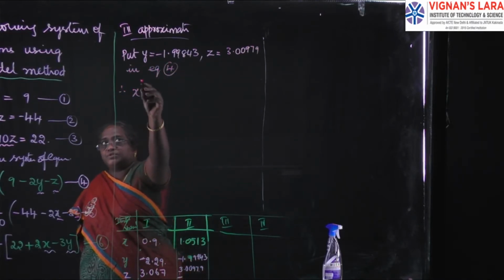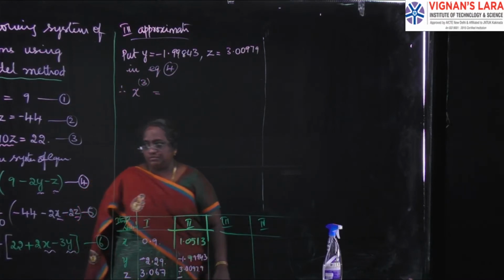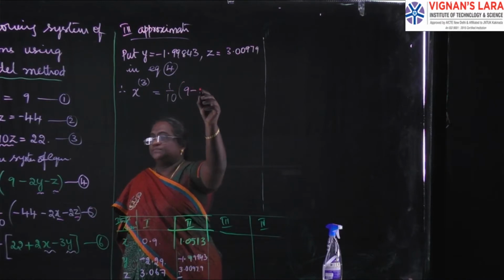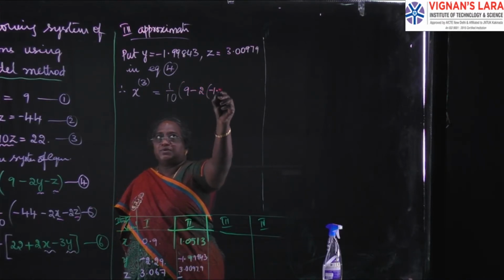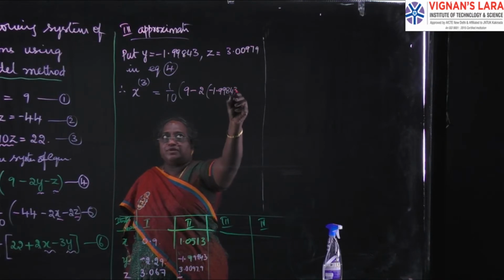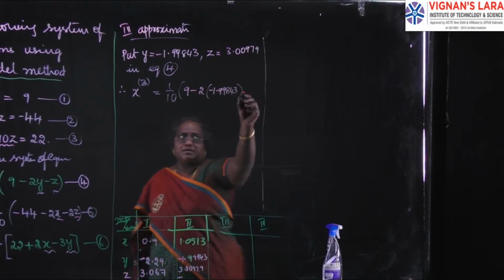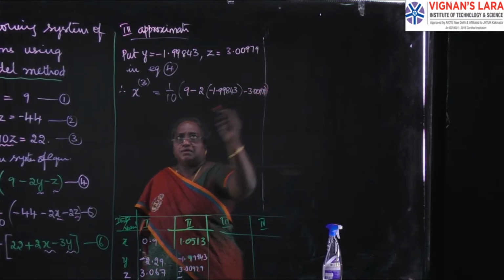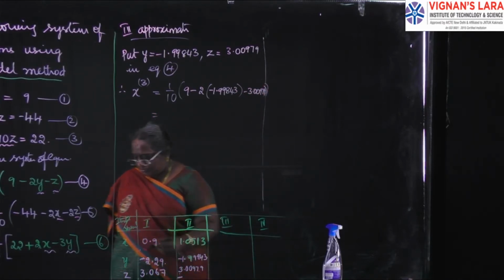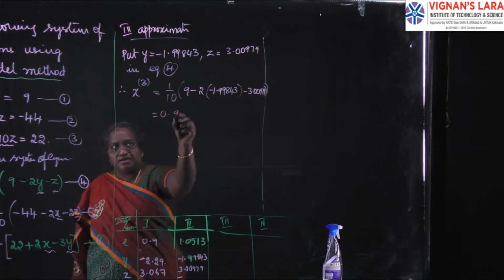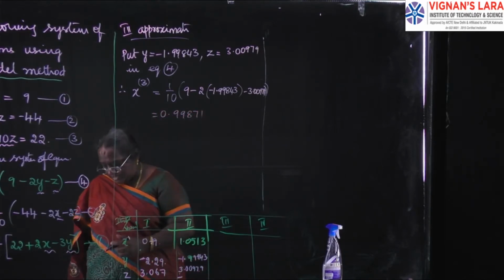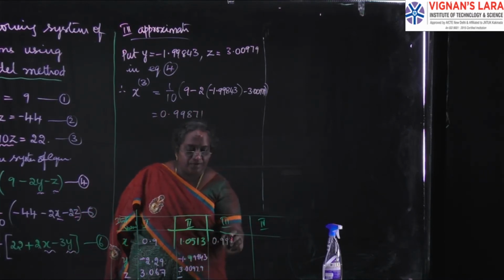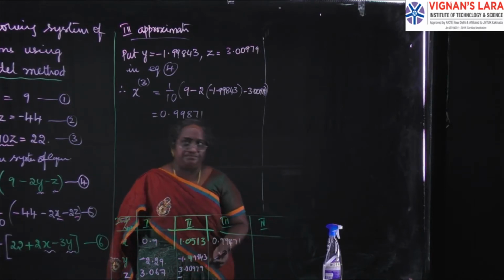Therefore, third approximation of x is equal to 1 by 10 into 9 minus 2 into y, minus 1.99843, minus z, minus 3.00979. So if you evaluate this, that comes to be 0.99871. So this is the latest value or new value of x which we have to use further.